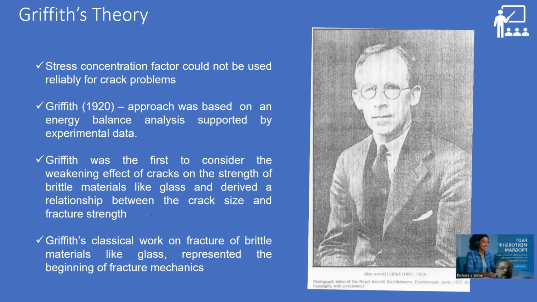Then, on the basis of an energy balance analysis, he considered the weakening effect of cracks on the strength of brittle materials like glass and derived relations between crack size and fracture strength. Griffith's classical work on fracture of brittle material like glass represented the beginning of fracture mechanics.